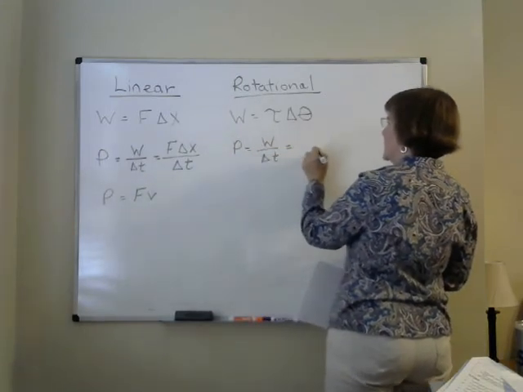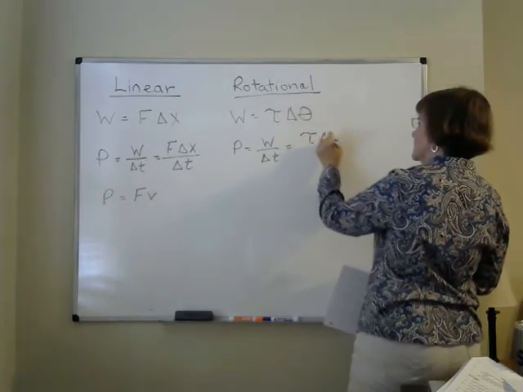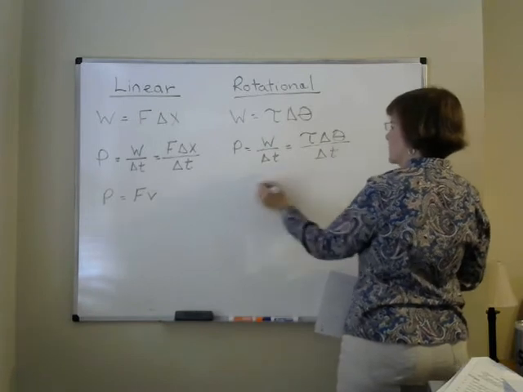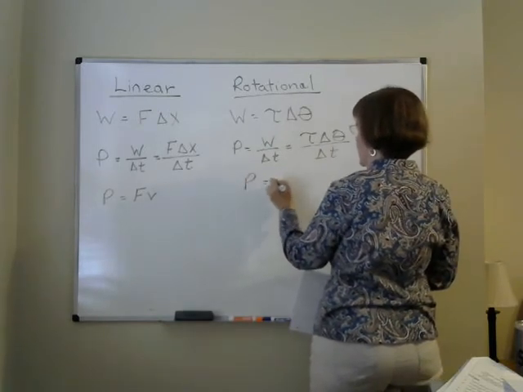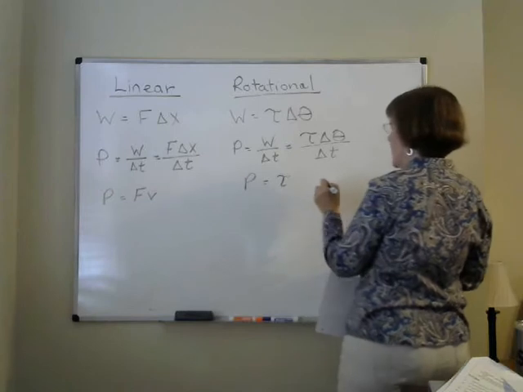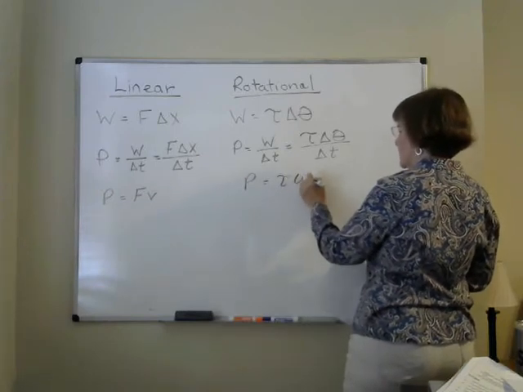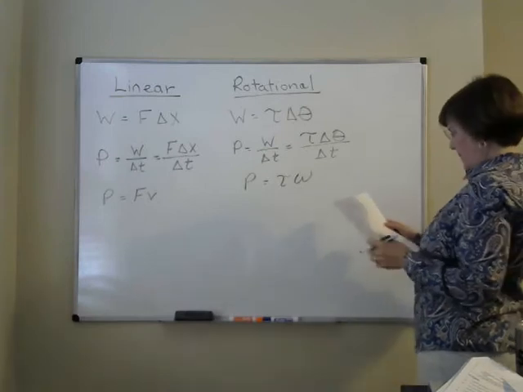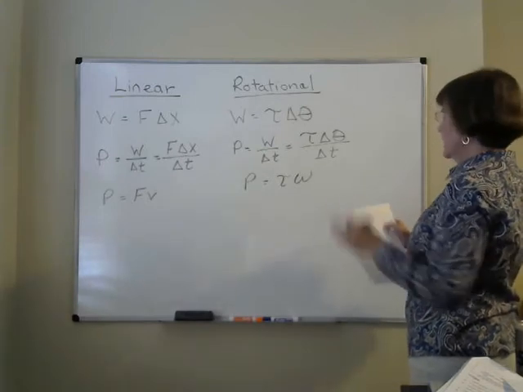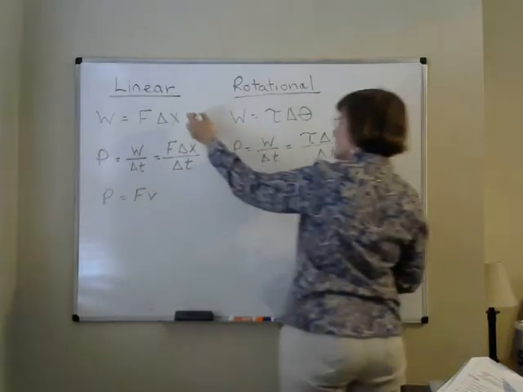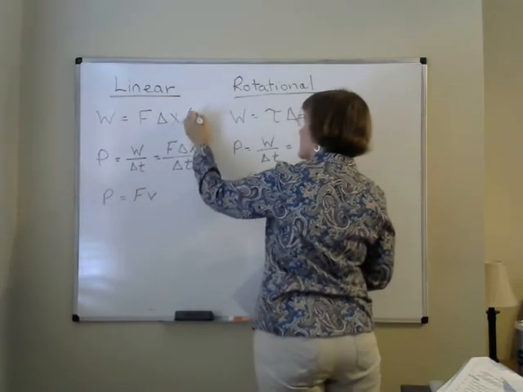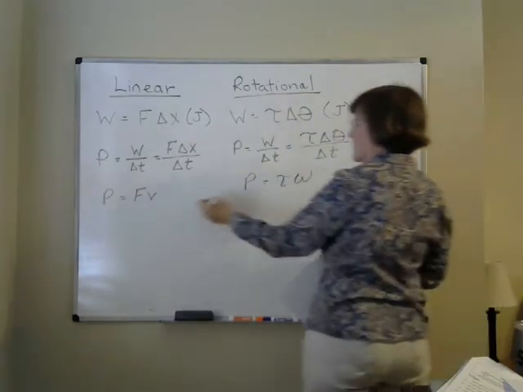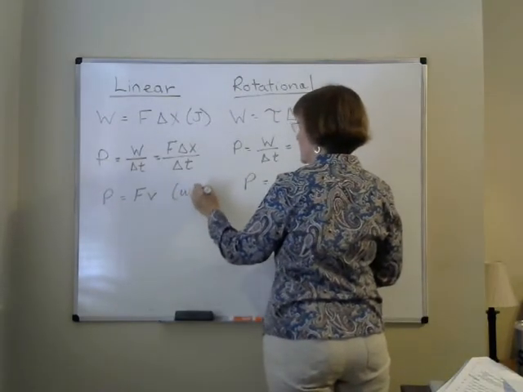That can be written as work over time, in which case power would become the torque times the angular velocity. The unit in both of these cases is joules, and these of course will be in watts.